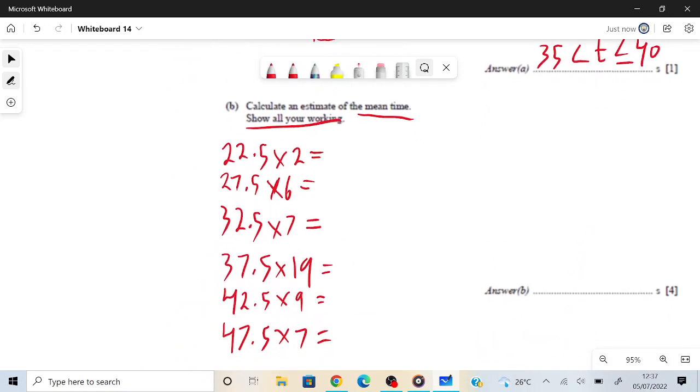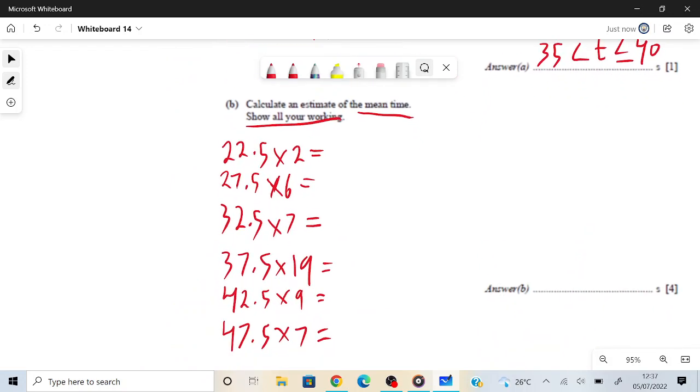So doing our multiplication, 22.5 times 2, that's 45. 27.5 times 6 is 165. 32.5 times 7, that is 227.5, I think. Let's just quickly check that. 32.5 times 7. Yep, it's 227.5.